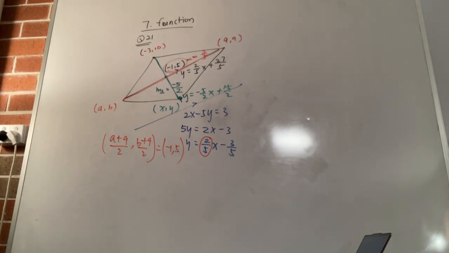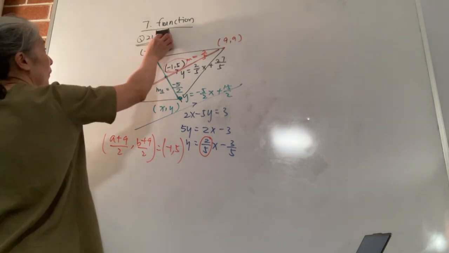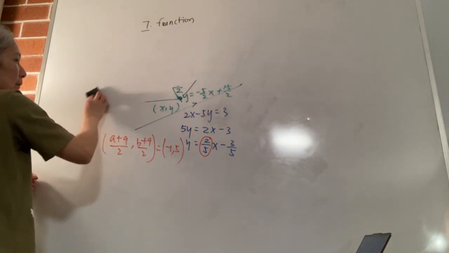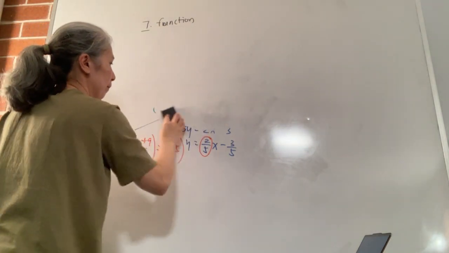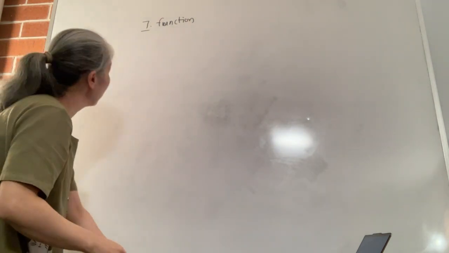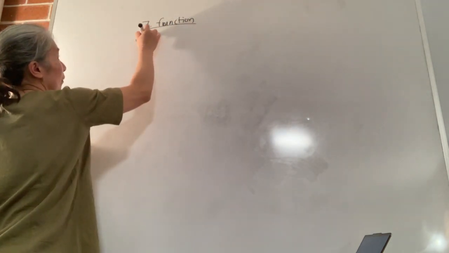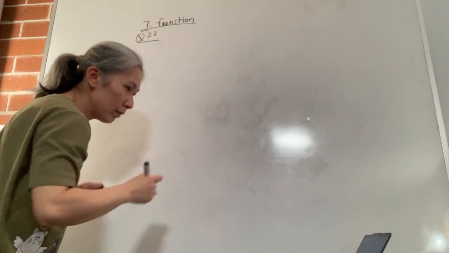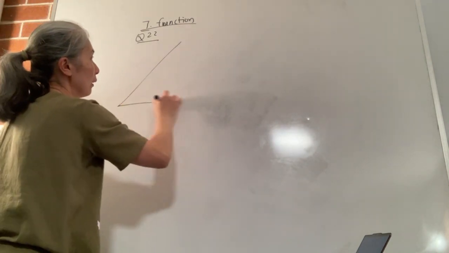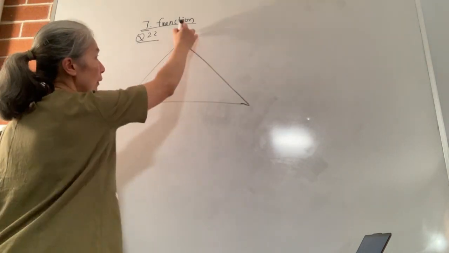And then question 22. We are given three points of a triangle. So just roughly draw them up.